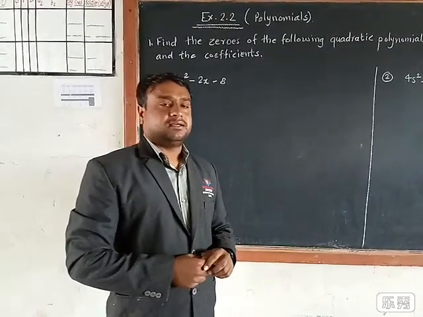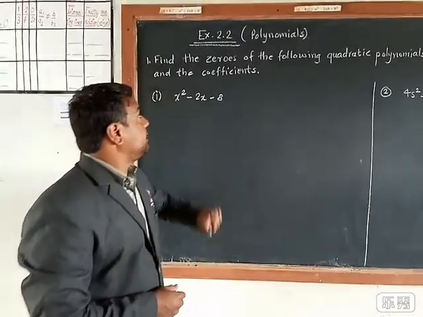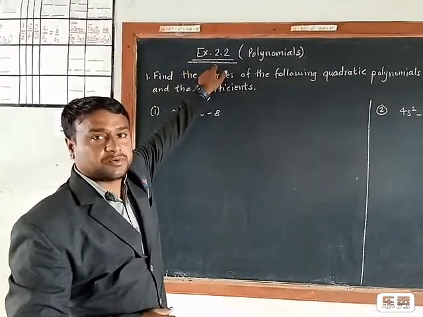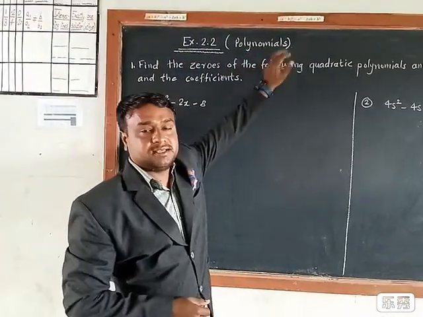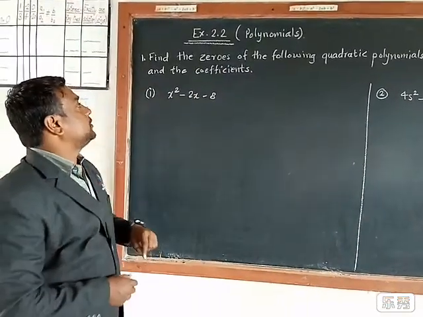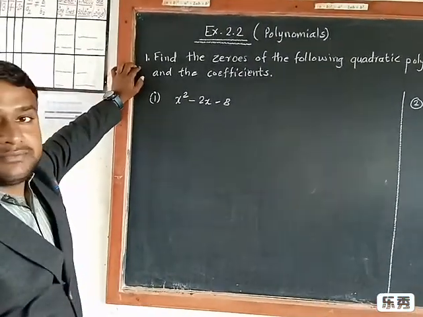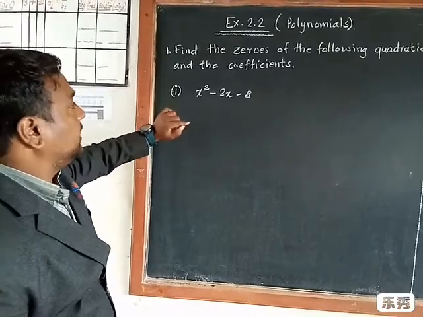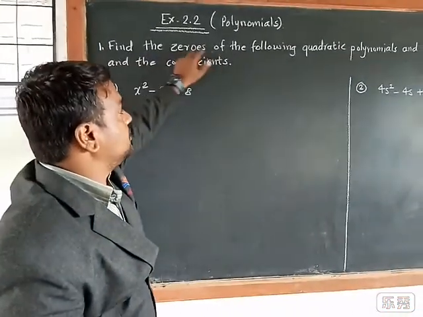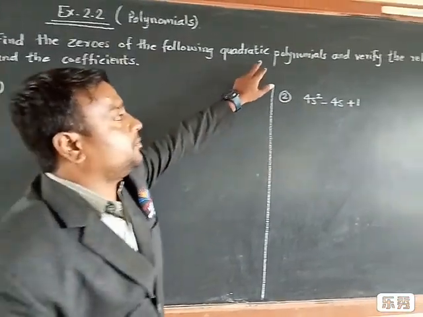Now we are going to solve exercise 2.2 from our chapter, Polynomials. In exercise 2.2, question 1, it is given: find the zeros of the following quadratic polynomials.